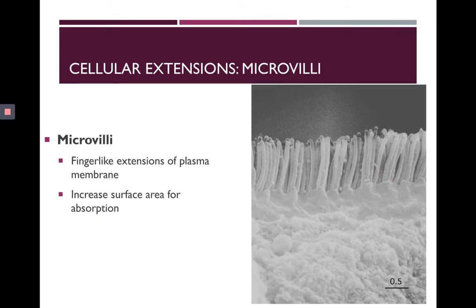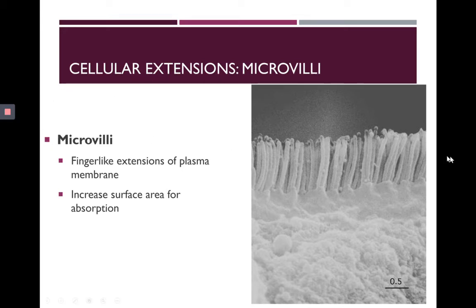Microvilli are different from cilia and flagella, but all three are cellular extensions. Cilia sit on top of the cell. Flagellum is going to extend from the cell, and they are true cellular extensions in that they are structures on or embedded in the cell. Microvilli look like cilia.